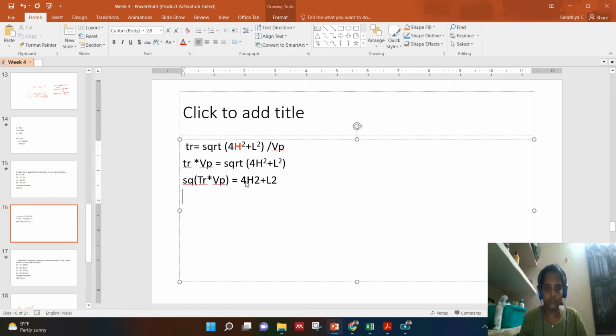Then we have to minus the L square value, then divide this with 4. And finally we have to find the square root of this term. So that's how we get the H value.